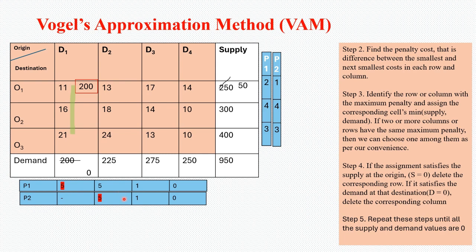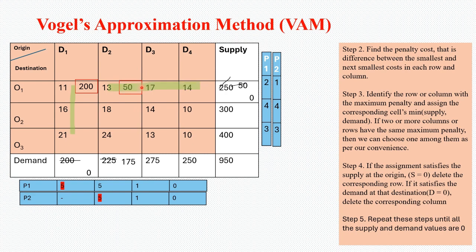Among all the penalties, 5 of the second column is maximum. The minimum cost in column 2 is the cell with 13, corresponding supply is 50 and demand is 225. 50 is less, hence assigned value is 50. 50 minus 50 is 0 and 225 minus 50 is 175. Supply is 0, so delete the row.